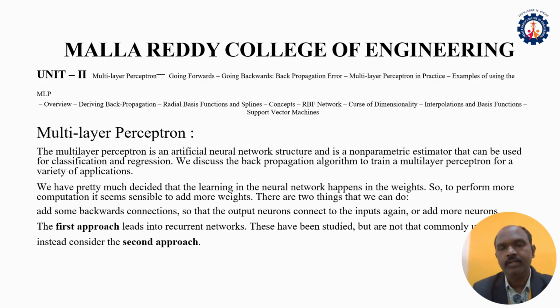That's why we call it back propagation and feed forward propagation. So it's a combination of both input and output, as well as neurons connected from the first layer to the last layer using the hidden layer. So the first approach has been connected to the neural network.